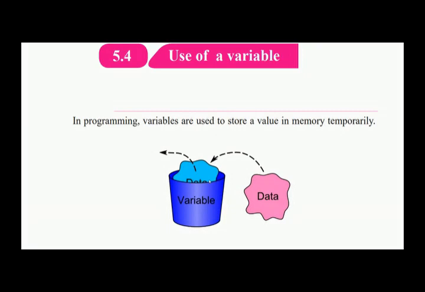So one can put 5 centimeters. So the value of width is 5 centimeters. So the width variable is equal to 5 centimeters. So we have given it a value.